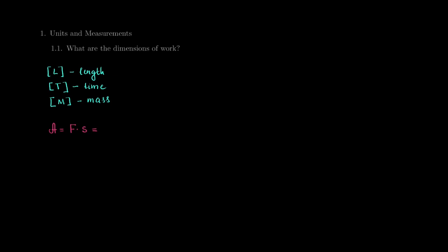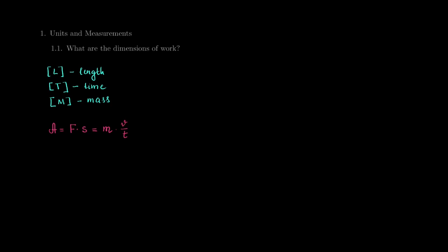We have to express it in terms of fundamental quantities. So F, according to Newton's second law, is equal to ma, where m is mass of the particle and a is the acceleration of the particle. Acceleration of the particle, we can write it as v divided by t.